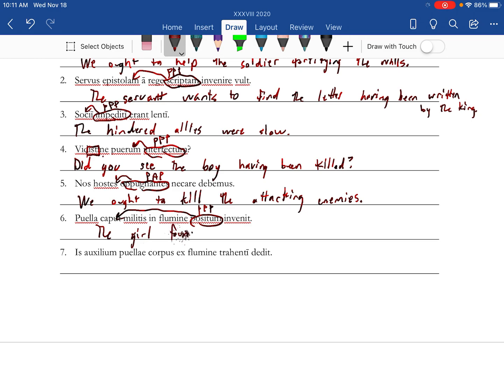The girl found the head of the soldier having been placed in the river.